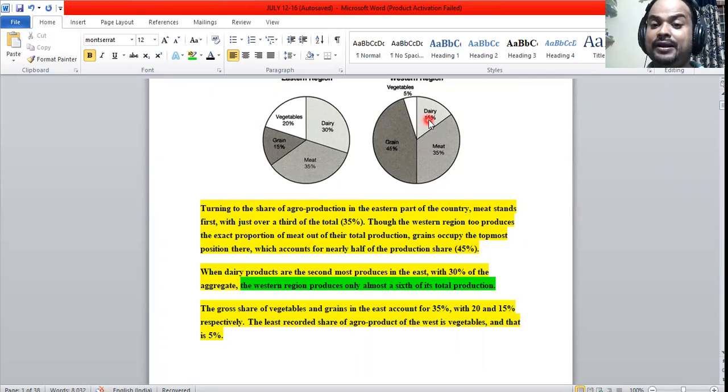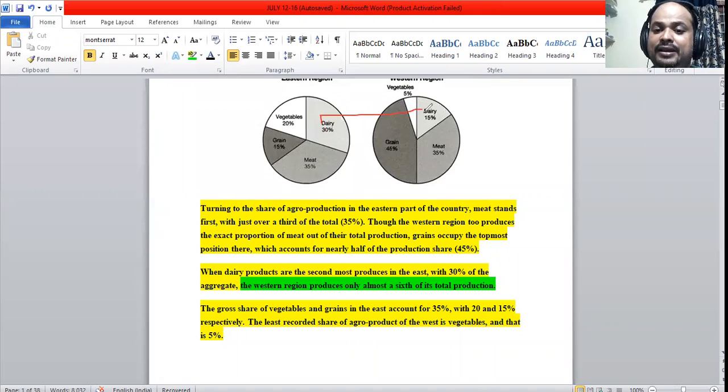So I'm not comparing the dairy production of this region to this region. I am comparing dairy production of the total here. Here I am comparing of the total there. That's it. I'm not comparing this thing to this thing.